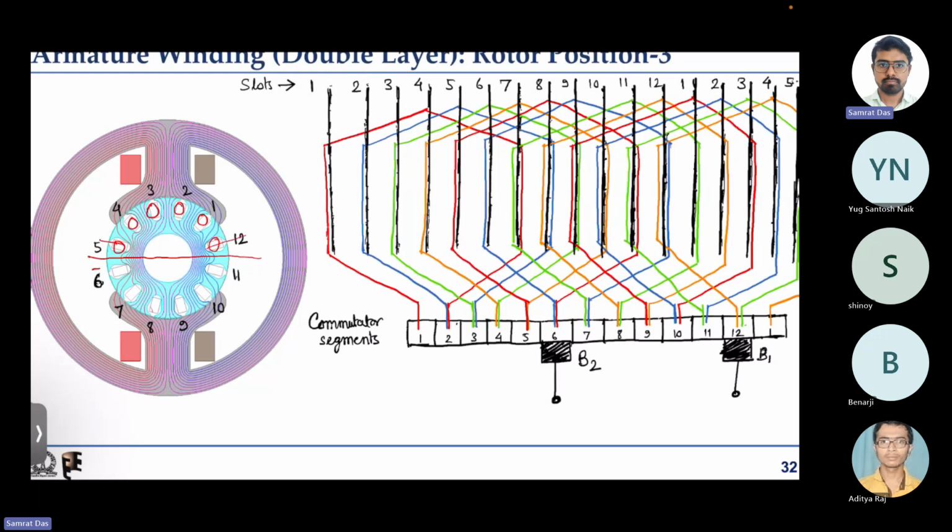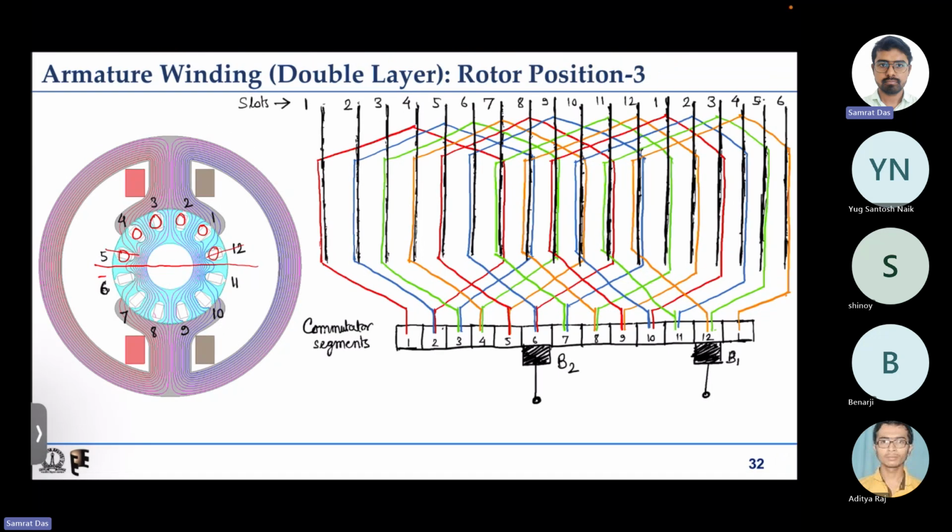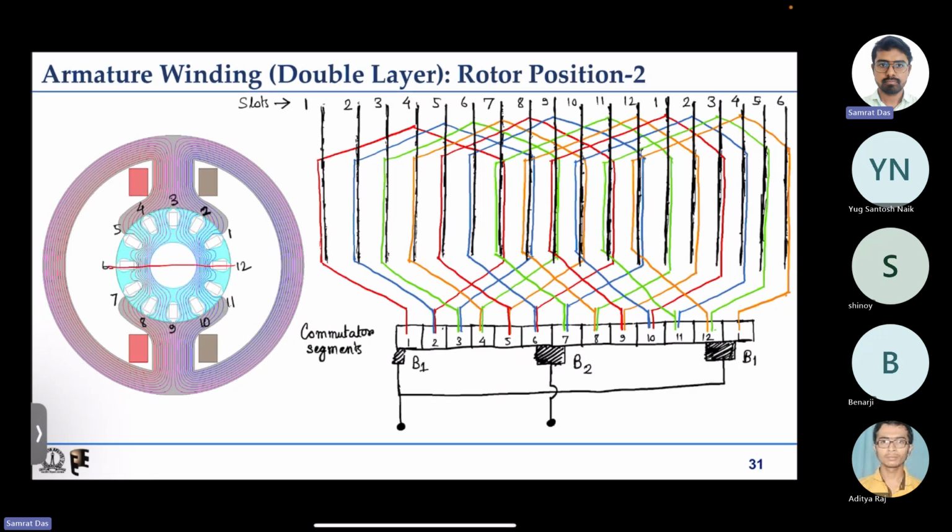But the induced EMF of the coils which are not directly under the pole is negligibly small. So in this case, we have four coils coming in series, say the induced EMF of them are equal, so we have some net induced EMF in the armature coil. So we saw that it varies with time, based on whether any coil is undergoing commutation or not. For the earlier case, if three coils have non-zero induced EMF, say 10 volt per coil, that gives 30 volt.